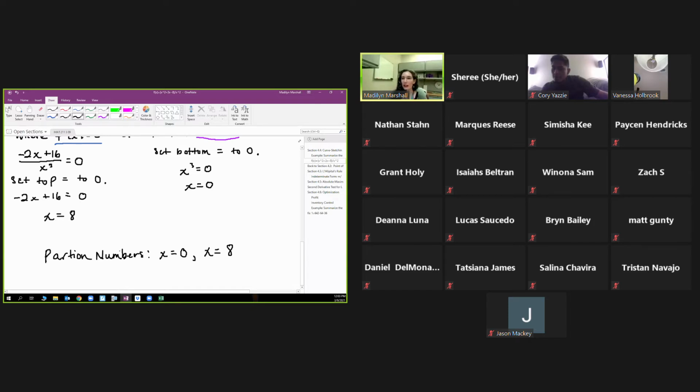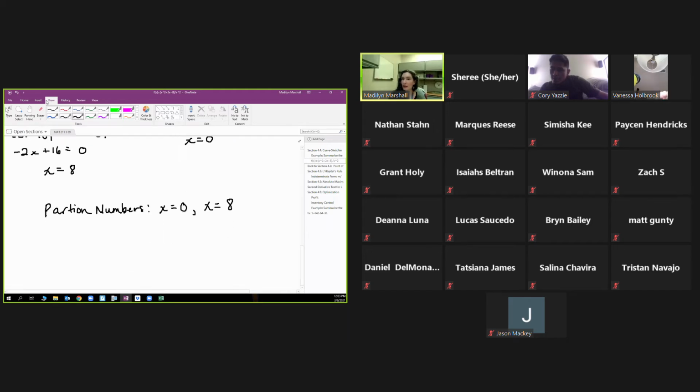There's a confusion. I got a handful of questions about the difference between partition numbers and critical numbers. Partition numbers are any numbers that make the derivative either 0 or undefined. So that's what we found here. Critical numbers, which is the next thing we're supposed to find for this problem, always come from the partition numbers.